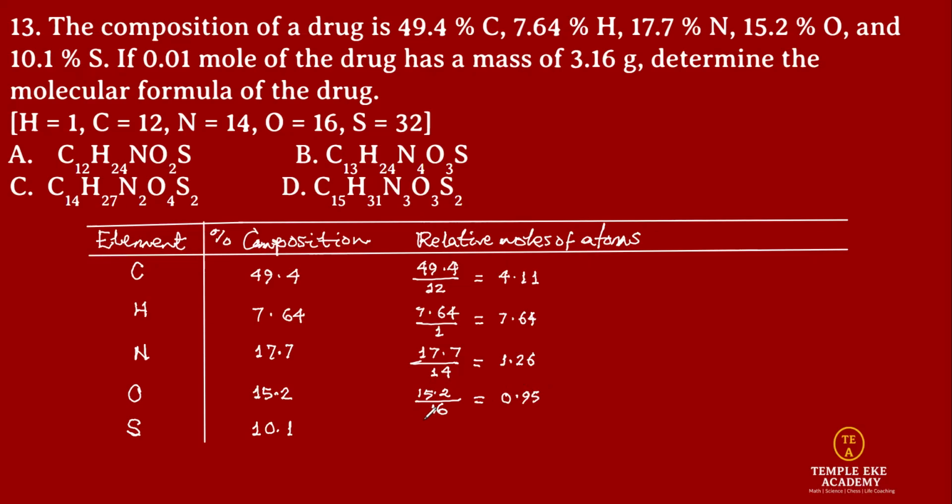Finally, for sulfur, 10.1. If we divide by the relative atomic mass for sulfur, which is 32, to 2 decimal places, we have 0.32.